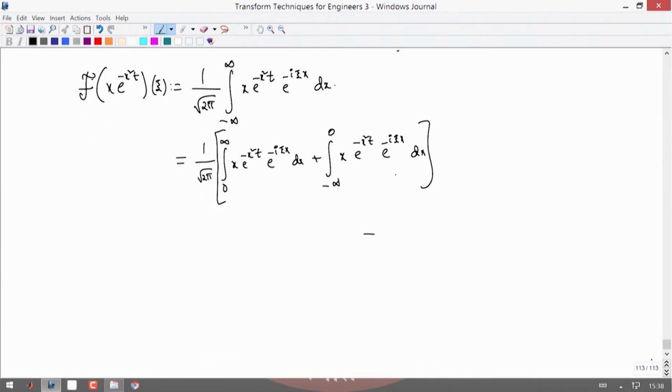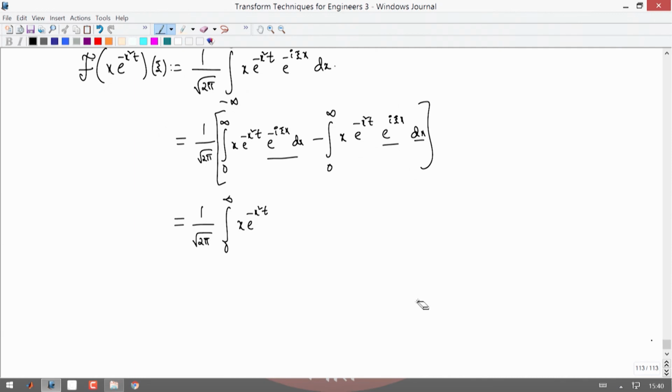Here, if you replace x by minus x, dx will become plus, this becomes plus, and this is as it is. Because of x by minus x, this is going to be infinity to 0, and that makes it 0 to infinity with a negative sign. So, this is equal to 1 by root 2 pi, and this becomes integral 0 to infinity x e power minus x square t, and this quantity is this minus this.